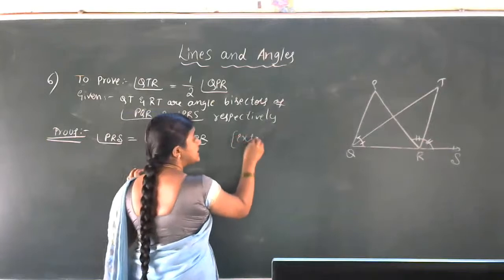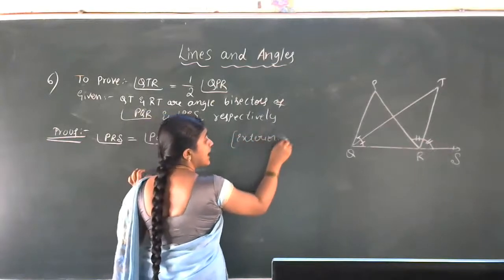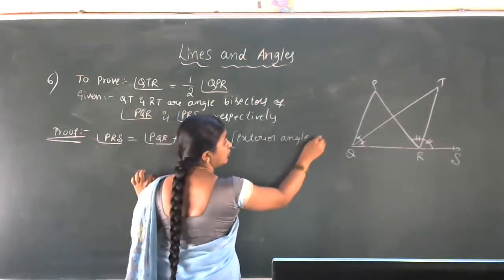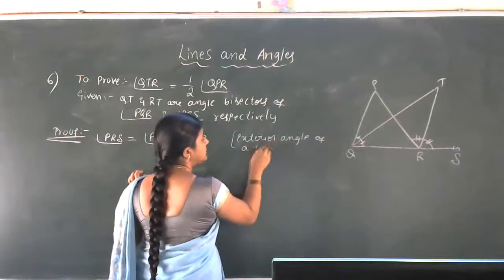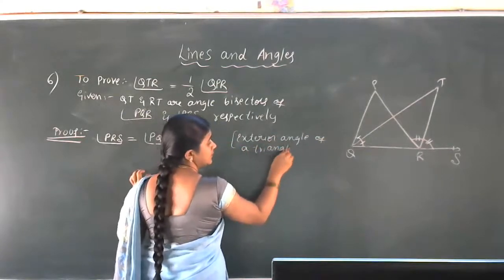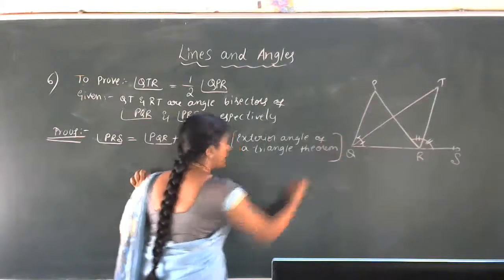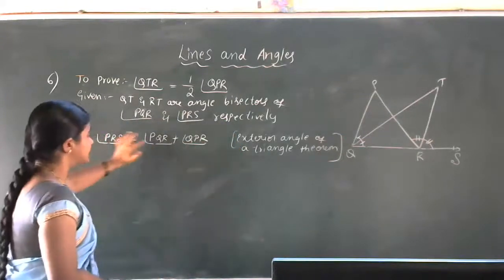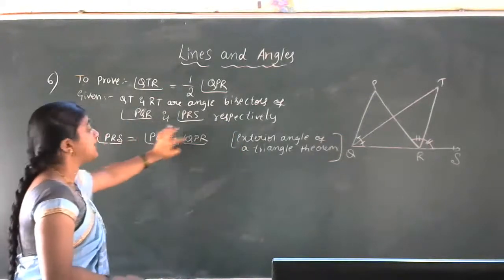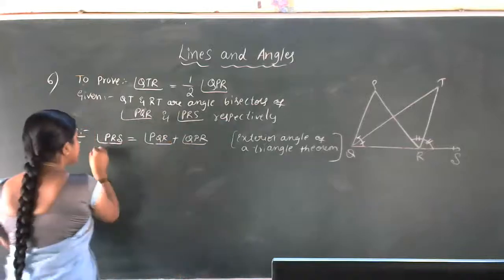This is according to the exterior angle of a triangle theorem. We got the result that angle PRS is equal to PQR plus QPR.